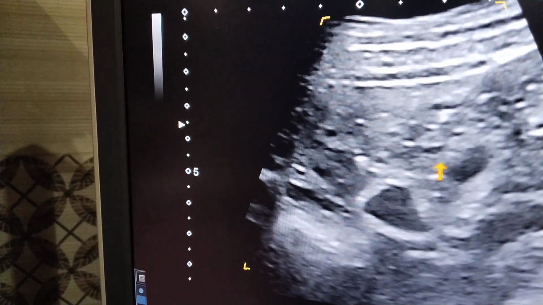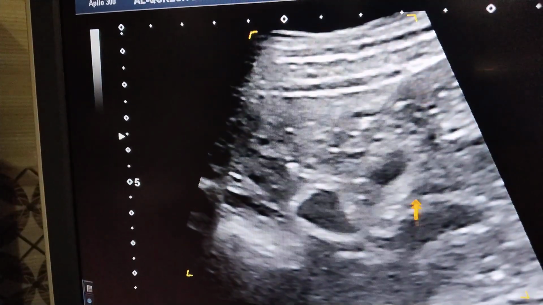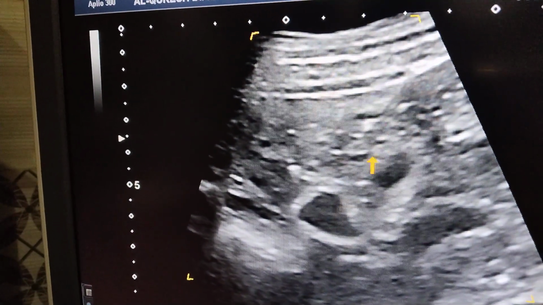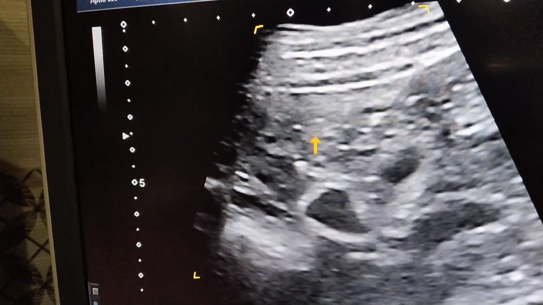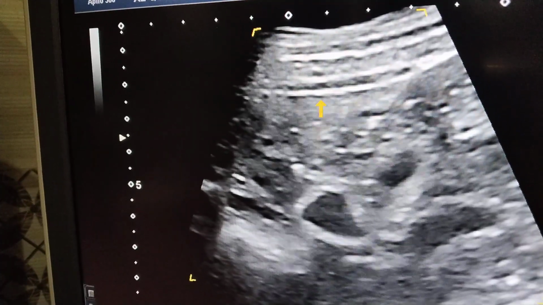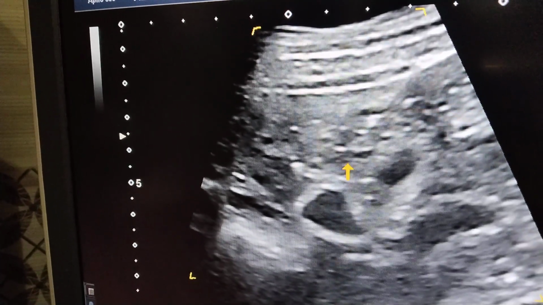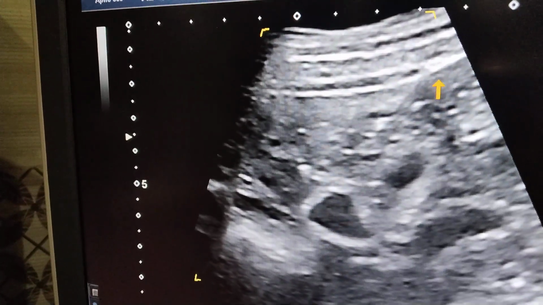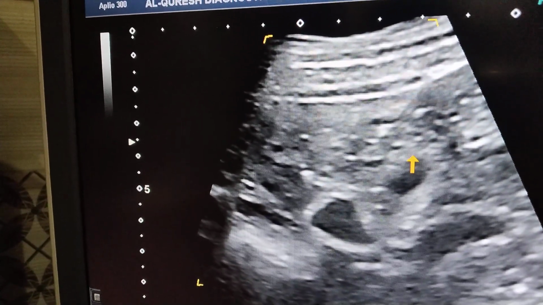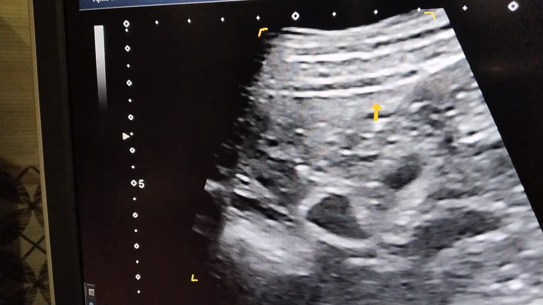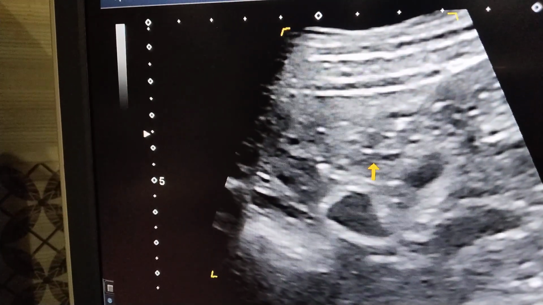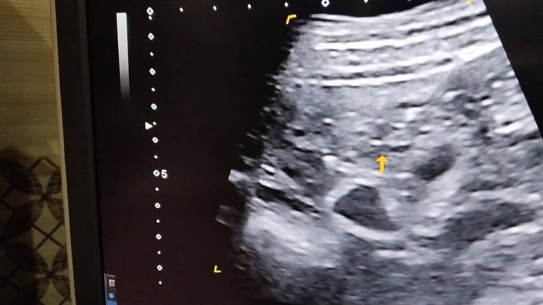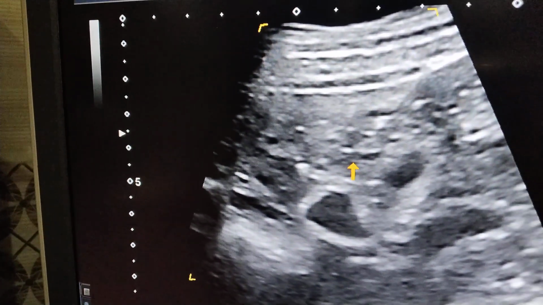This is the nodule, this is the nodule, this one, and relatively the omentum is hypoechoic. Also, it is thick, significantly enlarged. This is the omentum. Now I am going to see it in rear.